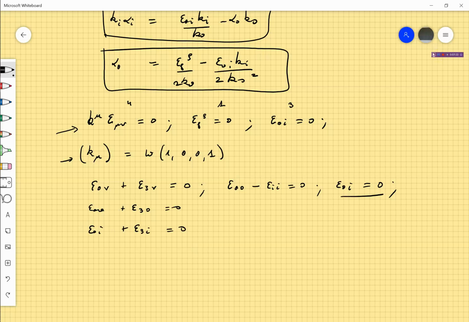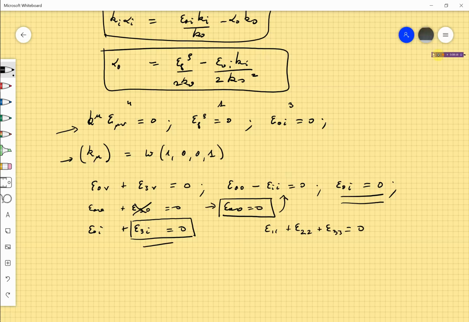Because of this, now we have also that this is 0. Also, because these mixed components are 0, this one is 0, and this means that ε^{00} is 0. Now we come here, and this is ε^{11} + ε^{22} + ε^{33} = 0.